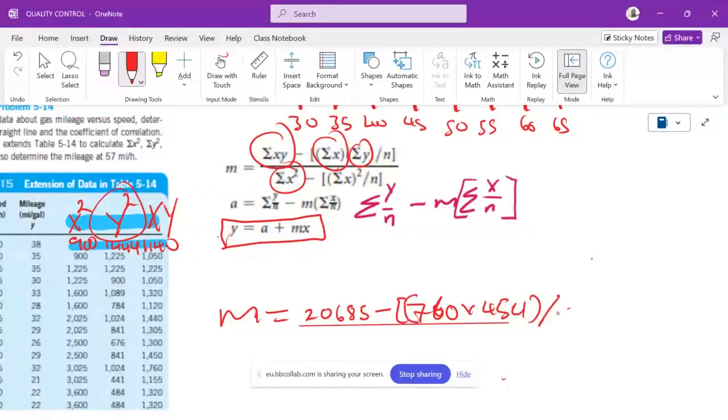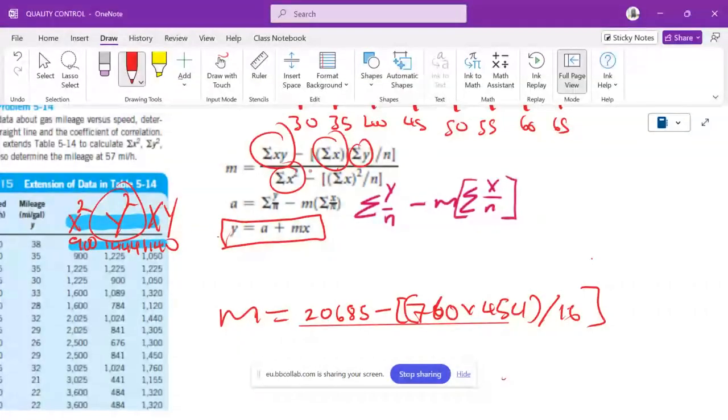Then I believe n is 16. So it does give you everything that you are looking for. Then you close bracket. Then you go under there, your x squared.